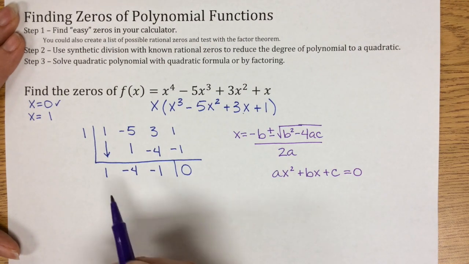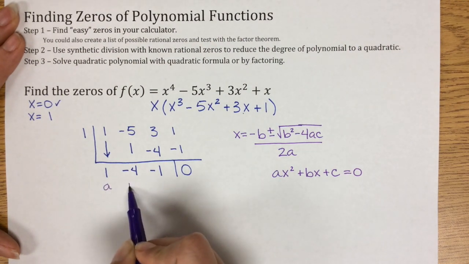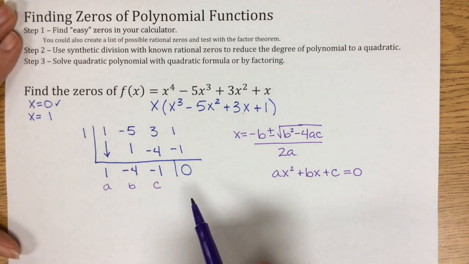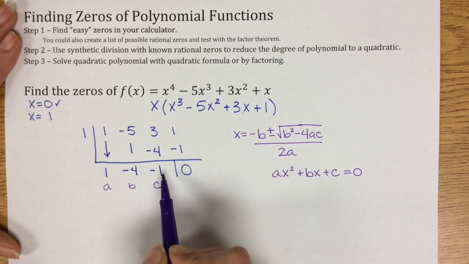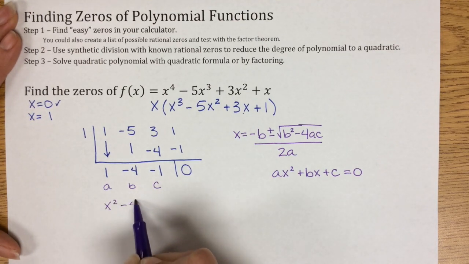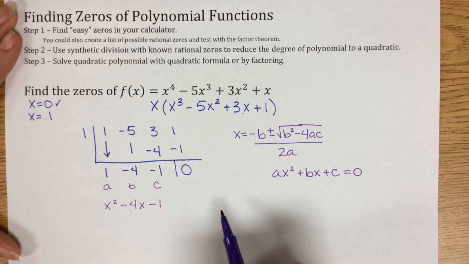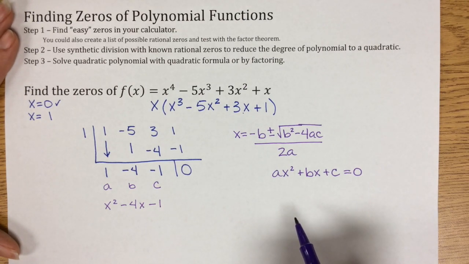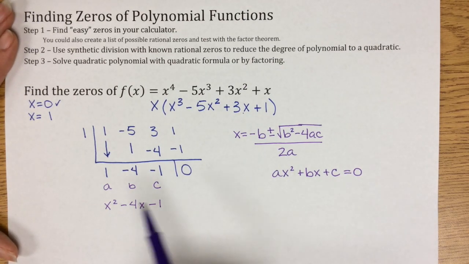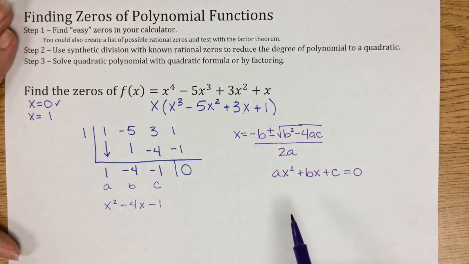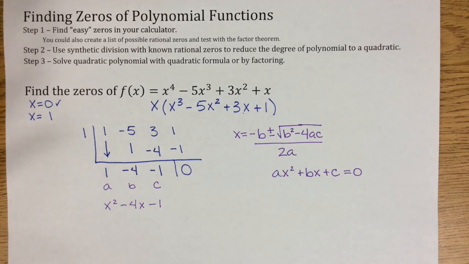Right here is your A. Right here is your B, and right here is your C. You could write this as a quadratic, x squared minus 4x minus 1, but then you would need to pull out the A, the B, and the C to plug into the quadratic formula. Once you get good at this, you'll start just seeing that that's A, B, and C, and you can go ahead and use the quadratic formula.